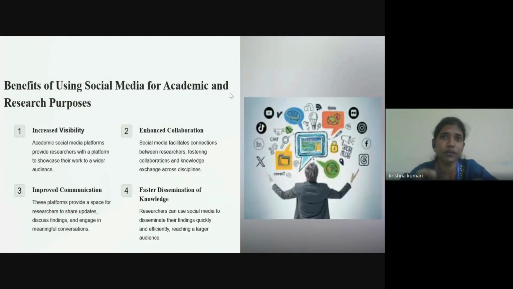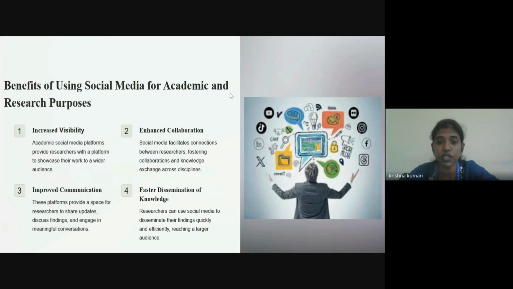With the help of these platforms, we can present our research work so that it becomes much more visible. It helps other researchers collaborate with us, and it also helps enhance knowledge across interdisciplinary and multidisciplinary areas. These platforms also provide a space for researchers to share updates, discuss findings, and hold meaningful discussions.